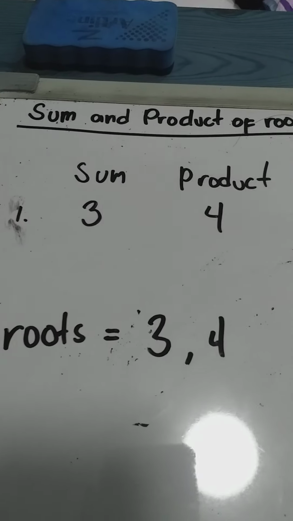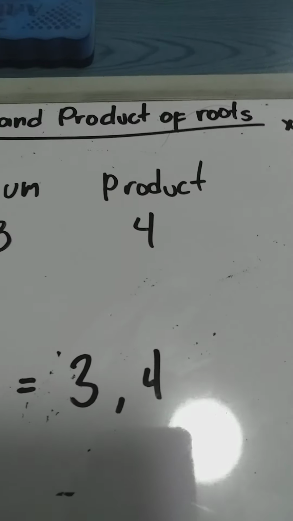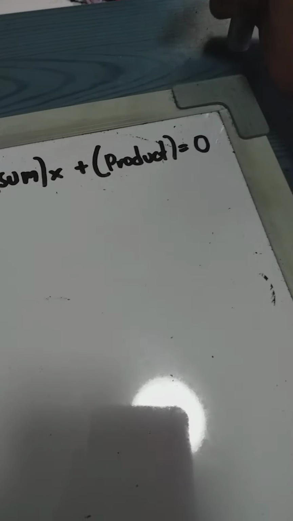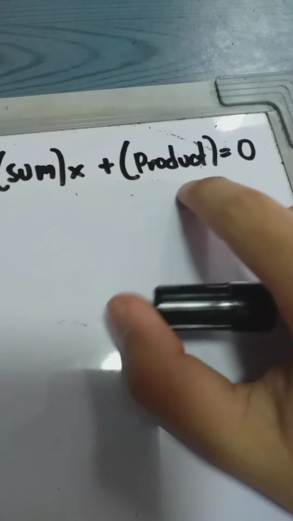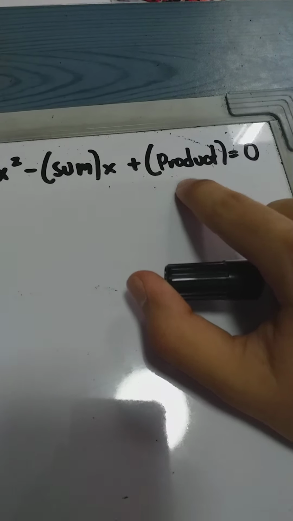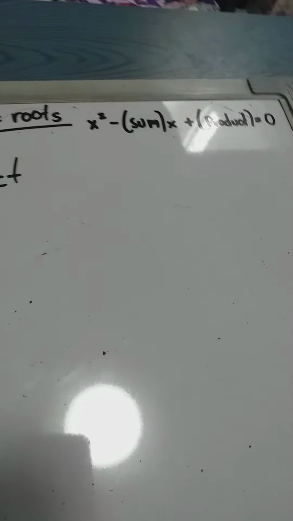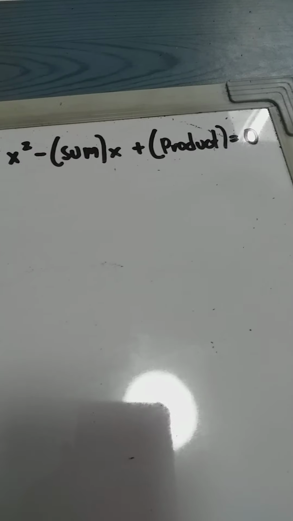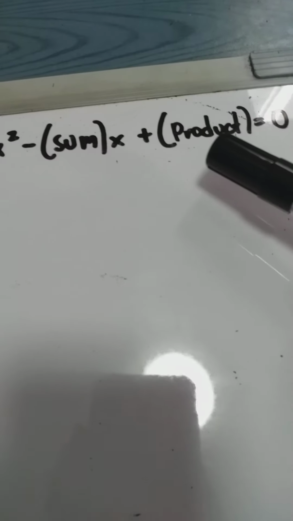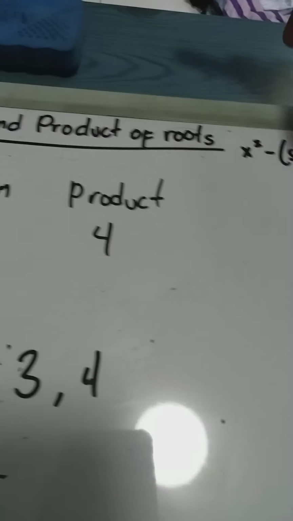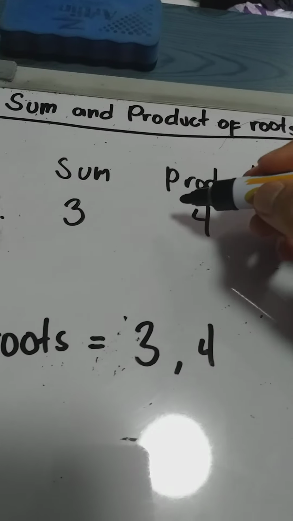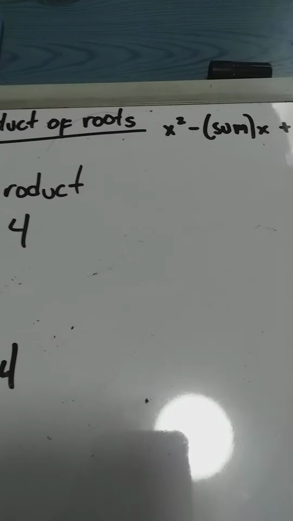And, for example, this is a constant plus. Is it possible that in the product this becomes a negative? Yes, of course, it's possible. If ever your product becomes a negative sign, you just multiply a negative to a positive, it becomes a negative. So, let's put an example. For example, your sum is 3 and your product was a negative 4.